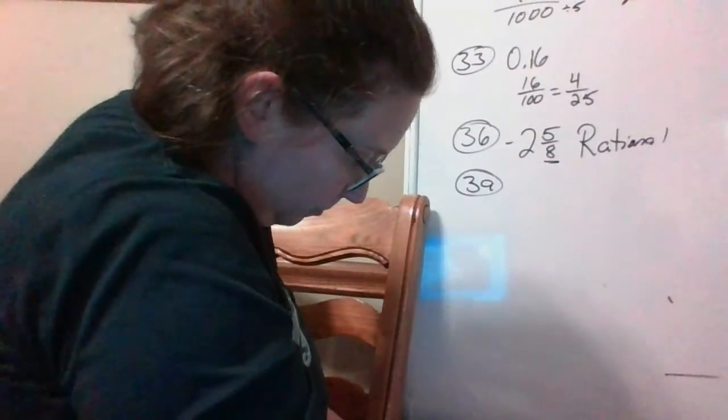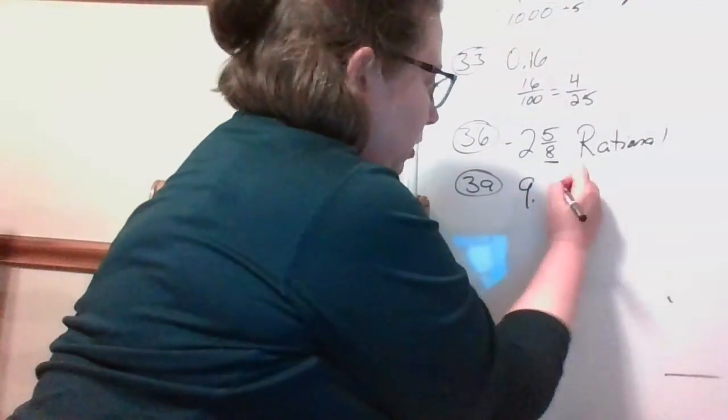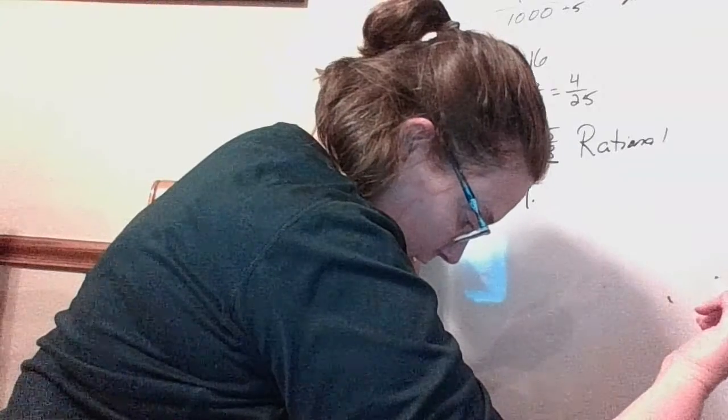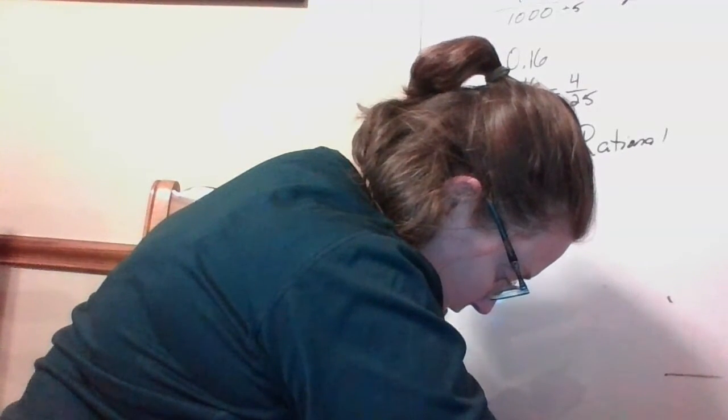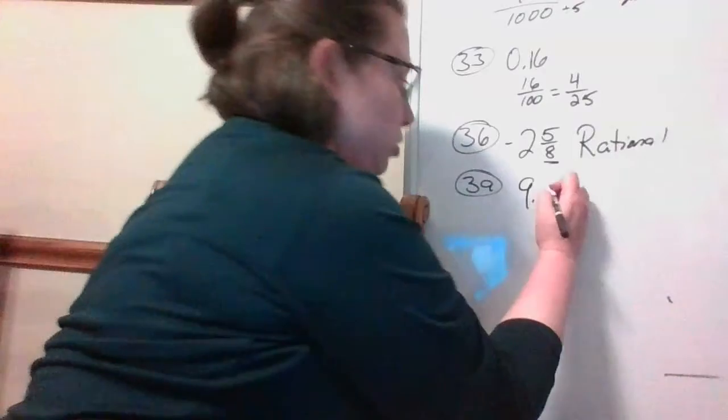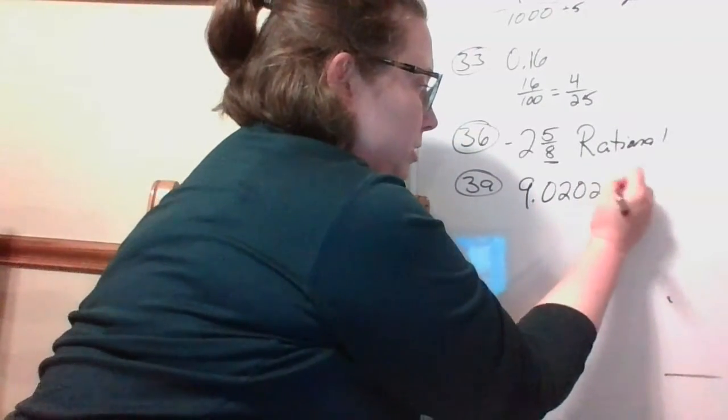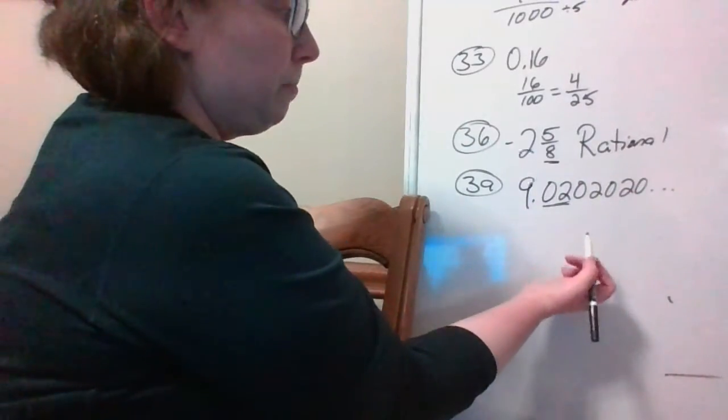Number 39, we have 9, and then a lot of decimals, trying to figure out if they repeat or not, and they appear to repeat. So these are repeating, okay?